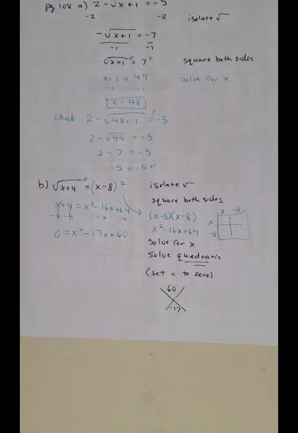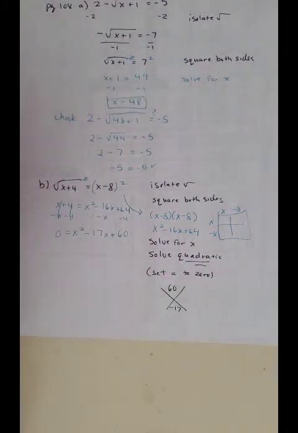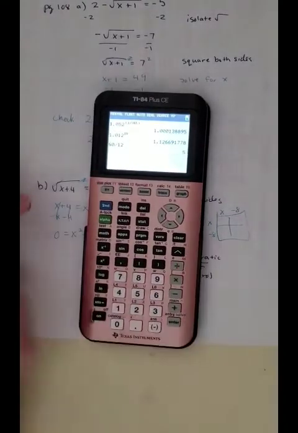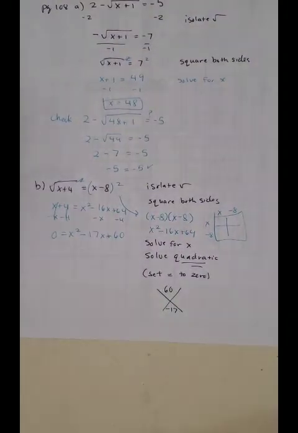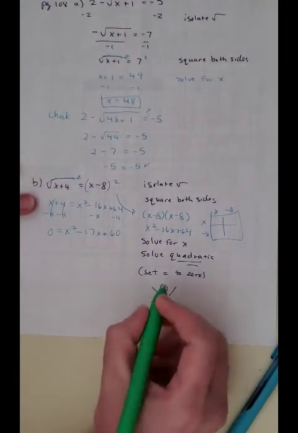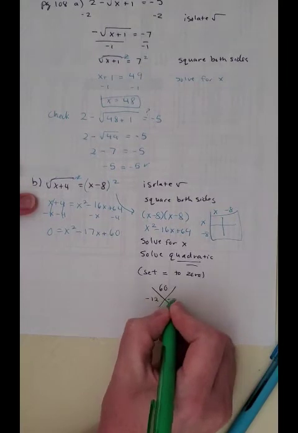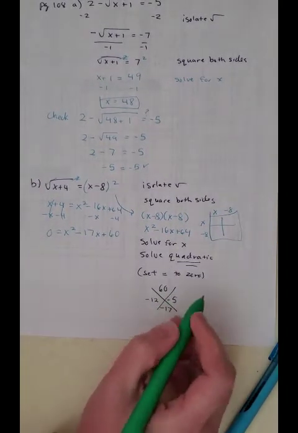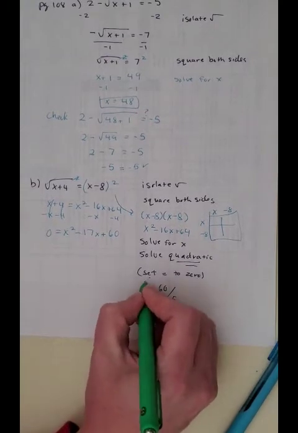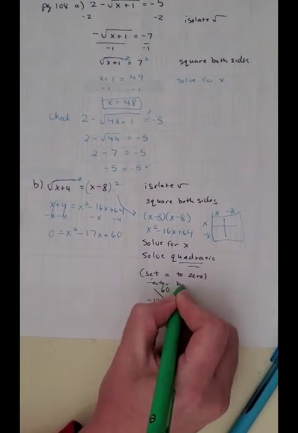So let me grab my handy dandy calculator. And so 60 divided by 12 is 5, right? And so I believe my two numbers are -12 and -5. So factor this by grouping, right?